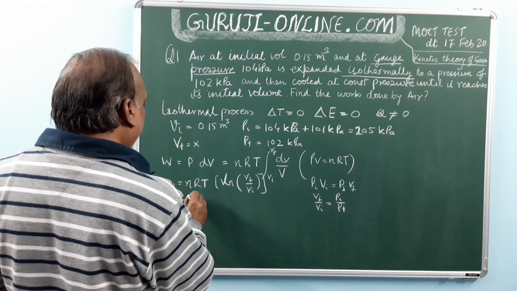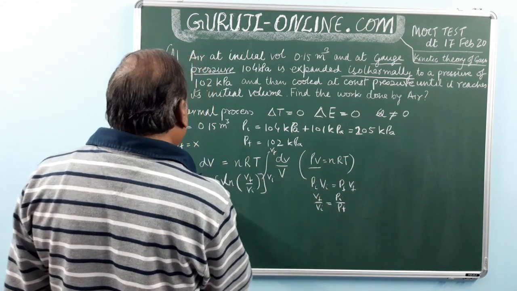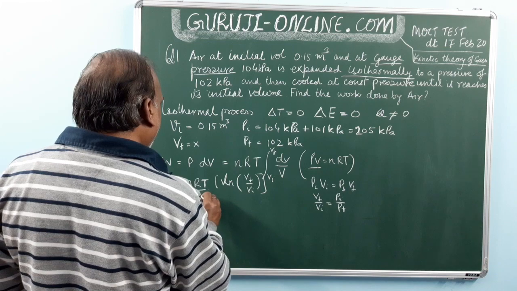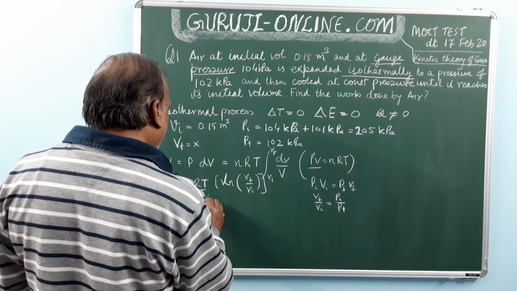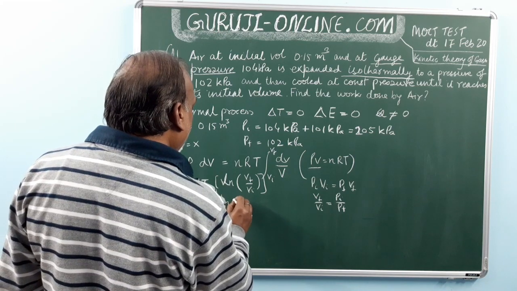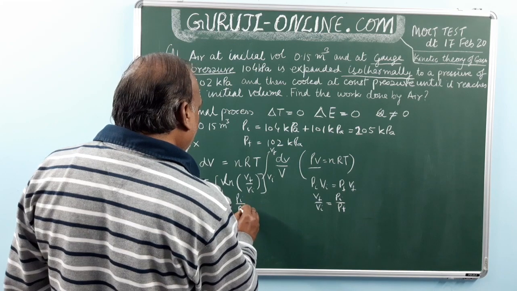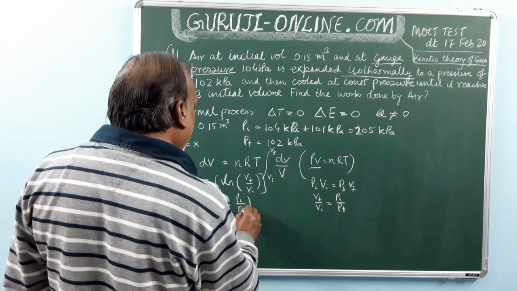This we can simplify, and nRT we can again write as PI VI ln PI upon PF.